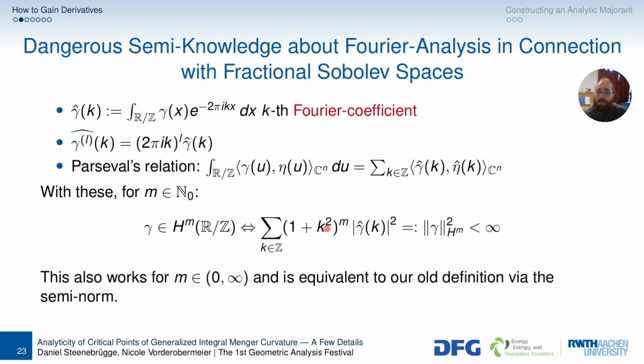Of course, this is k to the m times gamma hat, in parentheses, squared, and this is the Fourier transform of the mth derivative of gamma, and so again by Parseval this is the L2 norm of the mth derivative of gamma, and so it kind of makes sense.